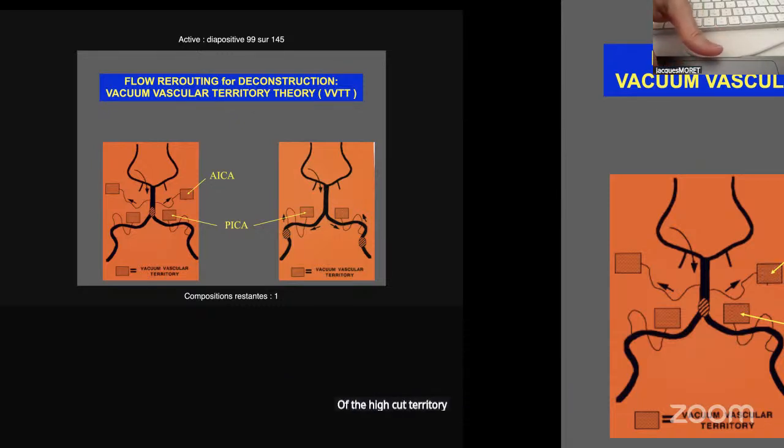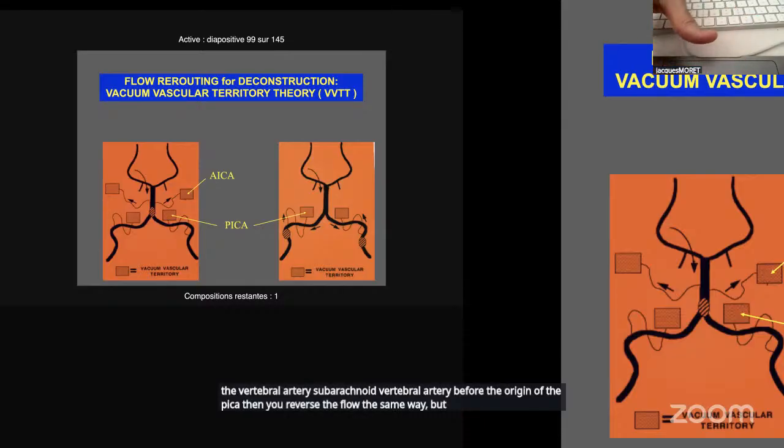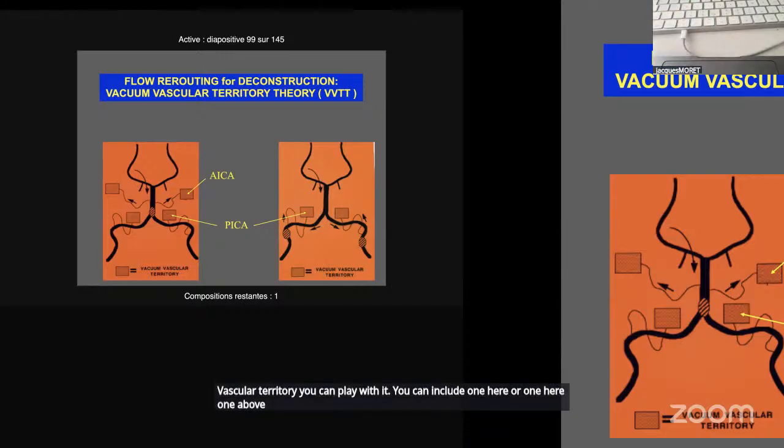If you occlude here at the level of the vertebral artery, subarachnoid vertebral artery before the origin of the PICA, then you reverse the flow the same way, but really a bit more distally. So this vacuum vascular territory, you can play with it. You can occlude one here or one here, one above. You manipulate the flow modification according to the anatomy of the patient.